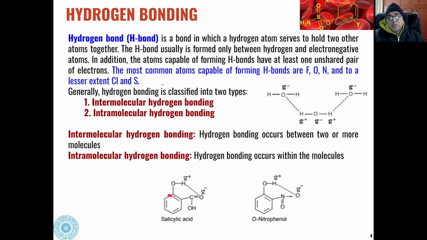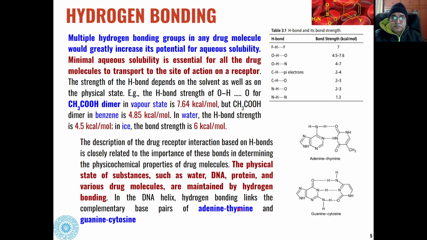So this is an example of intramolecular hydrogen bonding. Similarly, in orthonitrophenol, the hydrogen of the hydroxyl group and the oxygen of the nitro group, coordinate bonded with nitrogen, are both present in the same molecule. So this is again an example of intramolecular hydrogen bonding.